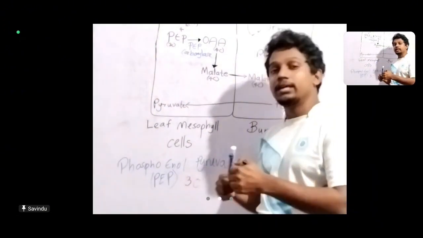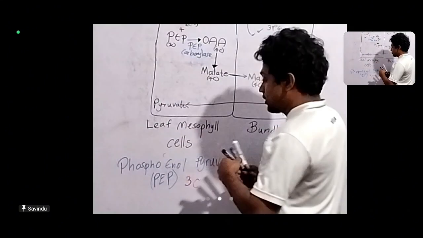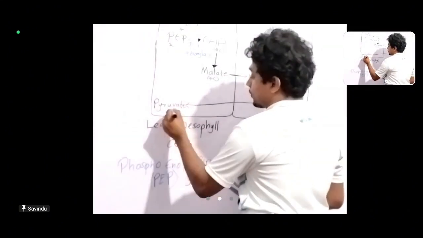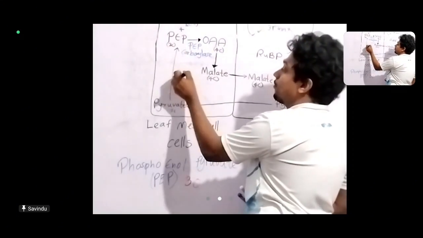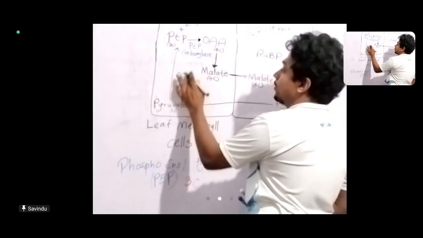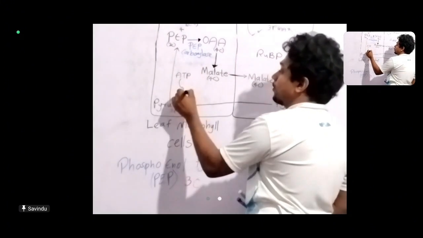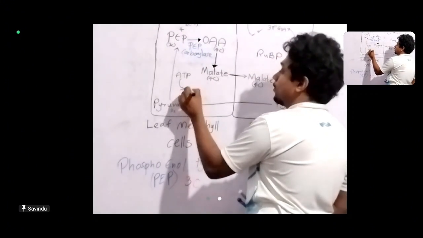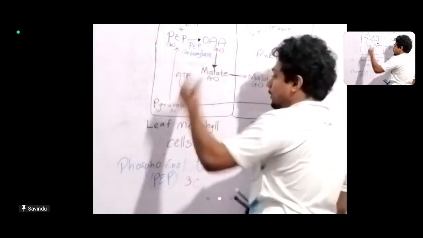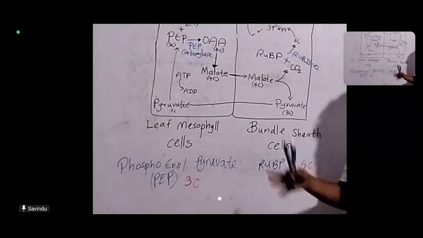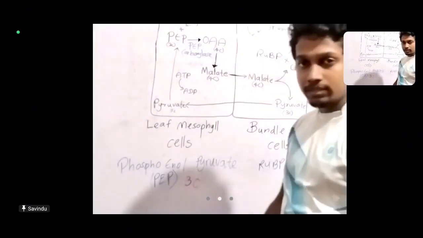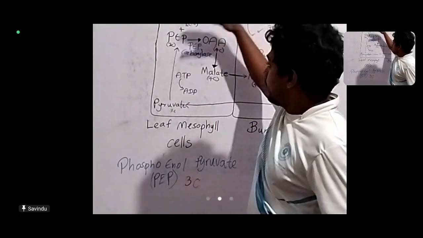Pyruvate is again converted, this is 3 carbon, converted into PEP with the help of ATP. Okay, now what is the importance here?